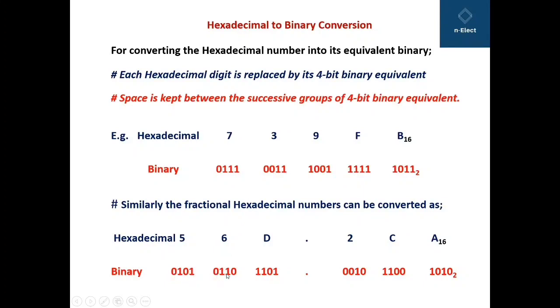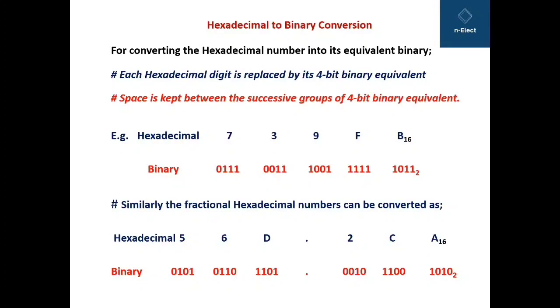For 6, 0110. For D, it is 1101. Then the point will come. Now this is the binary point and this is the hexadecimal point. For 2, 0010. For C, 1100. And for A, 1010.